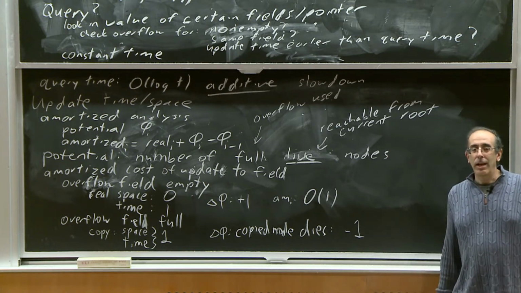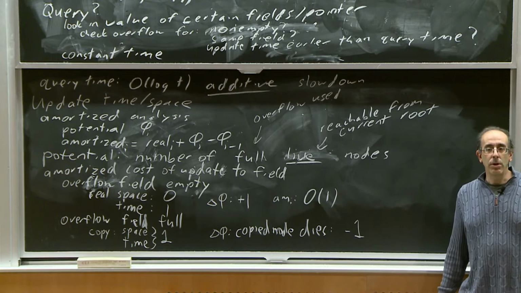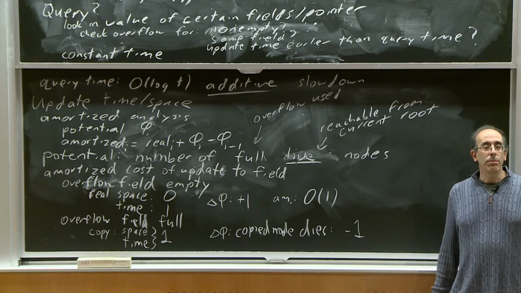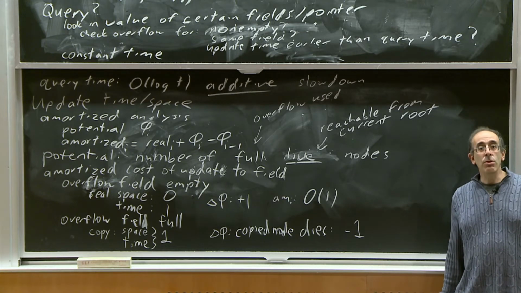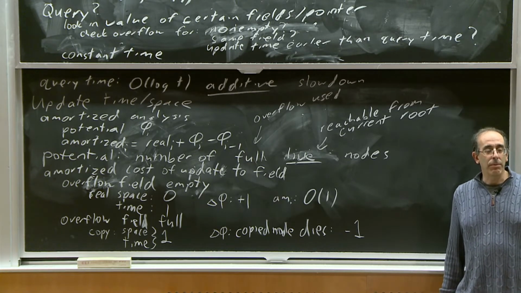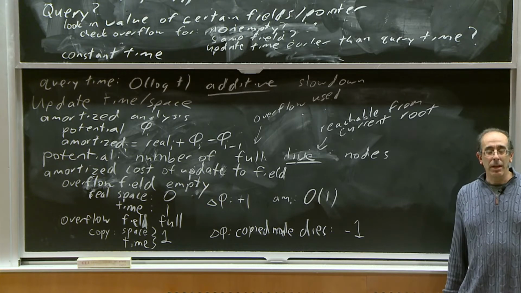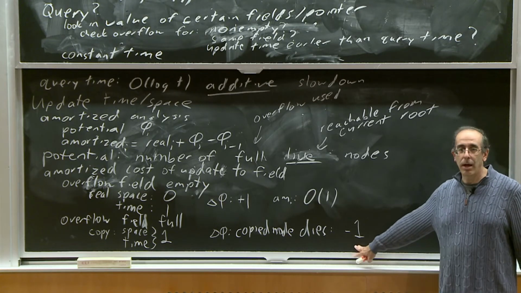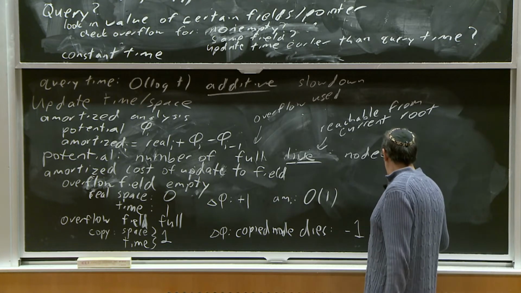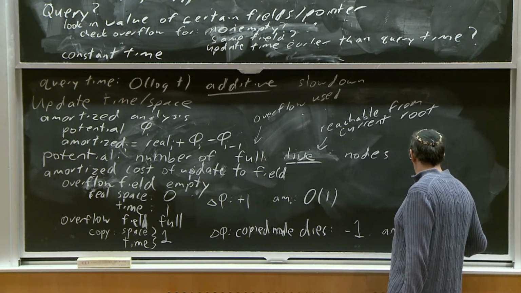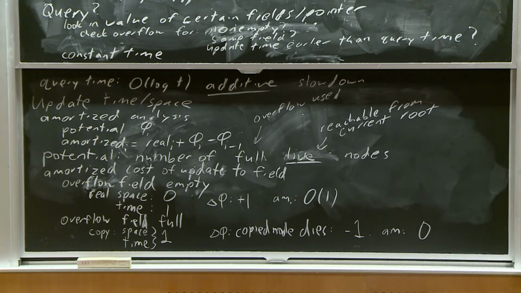I killed it and made a new node for the copy, but it has an empty overflow pointer. And it's that new node that is now going to be reachable from the current root. And therefore, I just gained a unit of potential, which means that the amortized cost is 0 in both space and time.